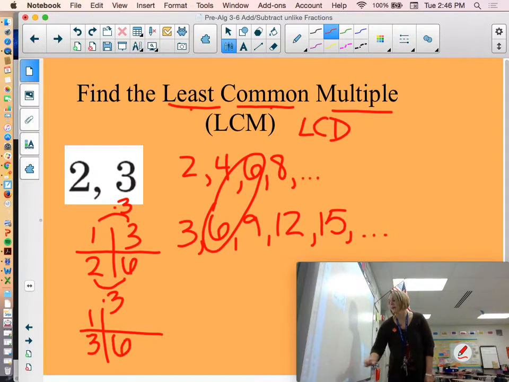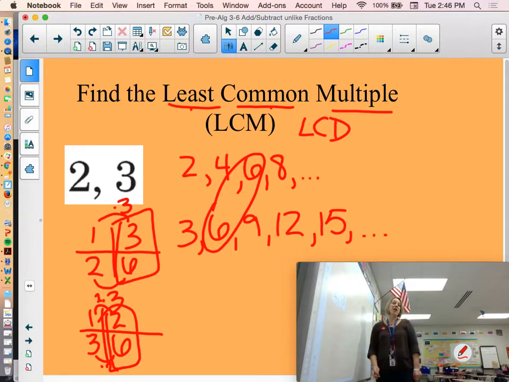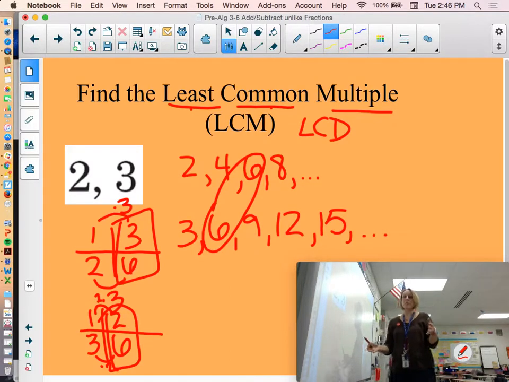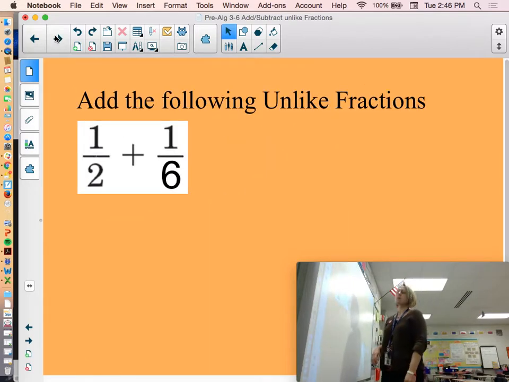And so we're going to have a 6 on the bottom, because we know that's our least common multiple. And so then 3 times 2 would be 6. And 1 times 2, this time we're multiplying by 2, is 2. So now we have 3/6 and 2/6, which is going to help us. We have to have the same size pieces in order to add fractions. Otherwise, someone's going to get mad.